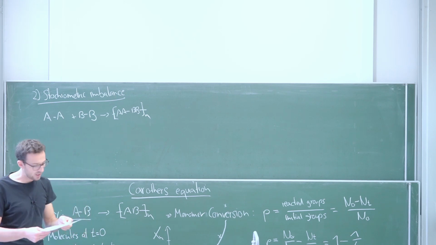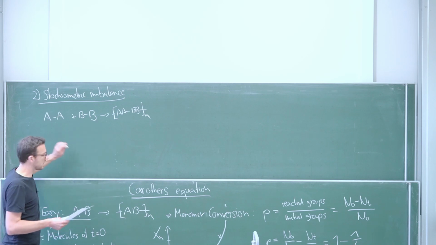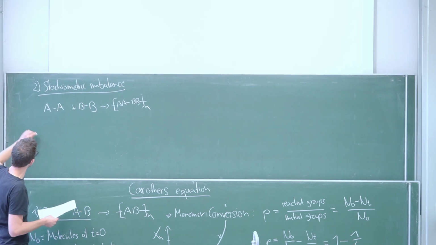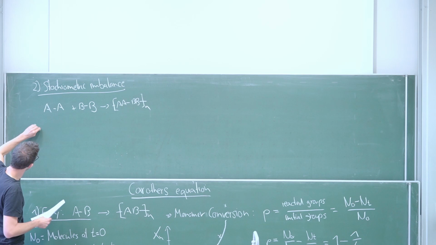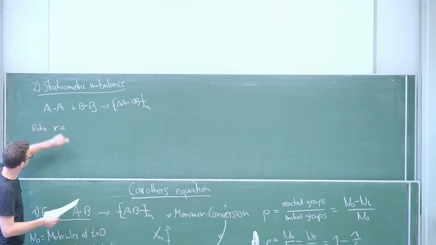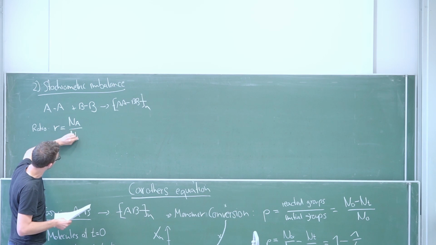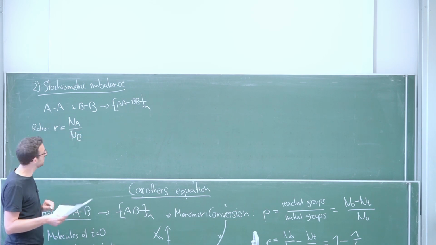Okay, but now we say that there's not an equal amount of A and B. And we describe this by small r, and this will be the number of groups A divided by the number of groups B.